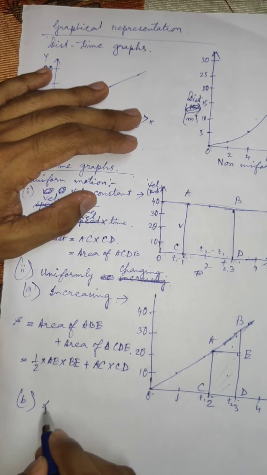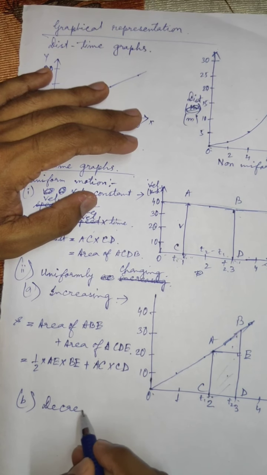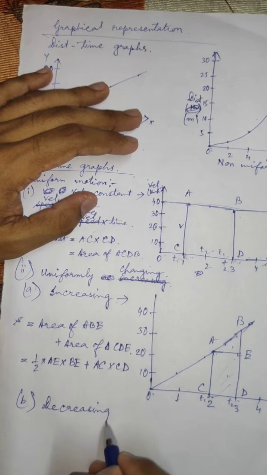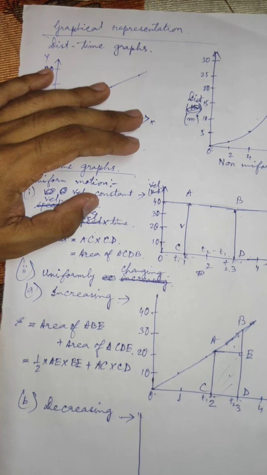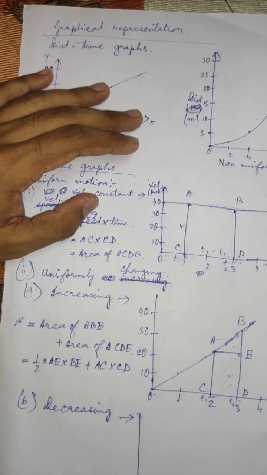Next, if I find the decreasing, then the graph will be simply like this. Same graph and points I'm drawing.